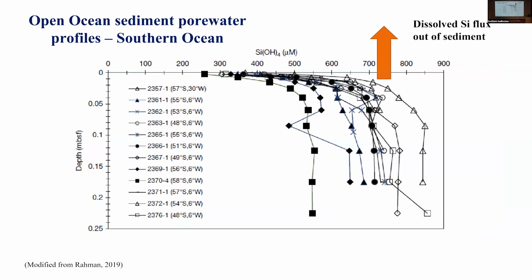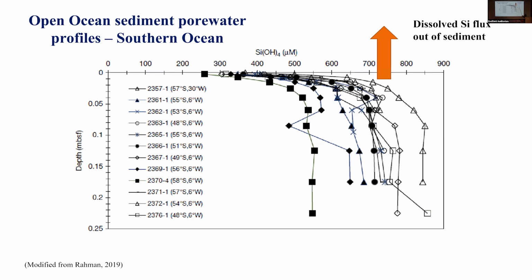Most open ocean sediment pore water profiles, these are from the Southern Ocean, support that view, where you mostly have dissolution in the top 20 centimeters. It reaches an asymptotic value, and you have diffusion of dissolved silica out of the sediment.